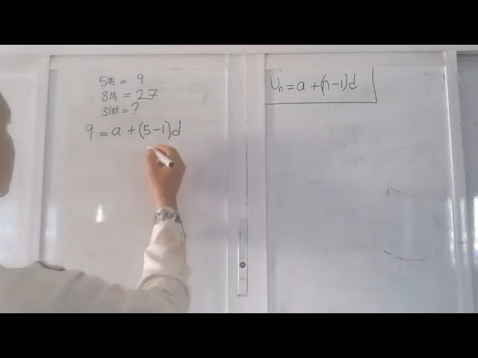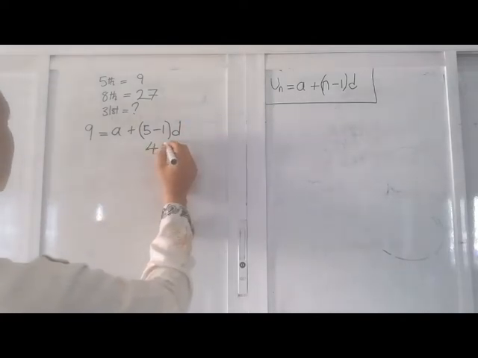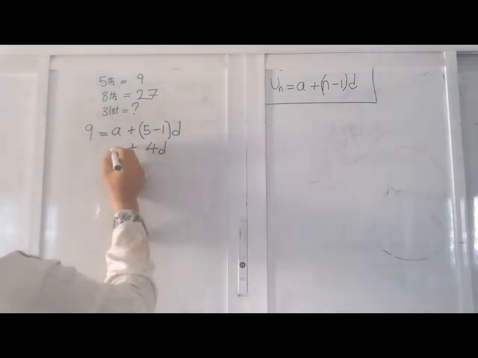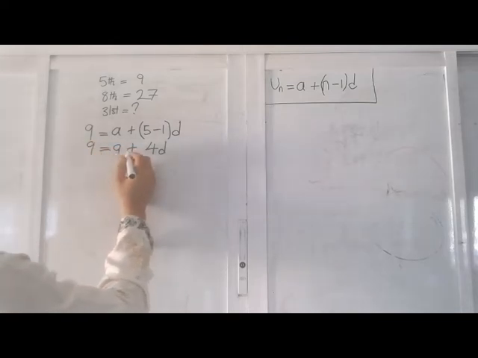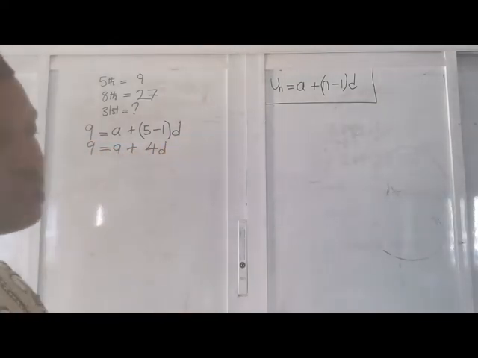So we can say that this is the equation: 9 equal to A plus 4D. You will agree with me.